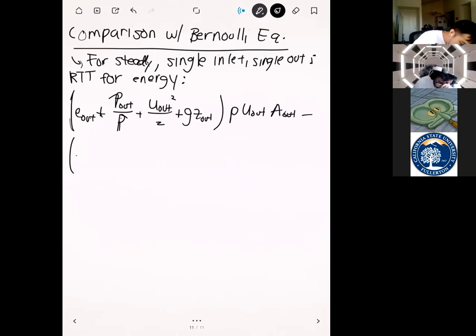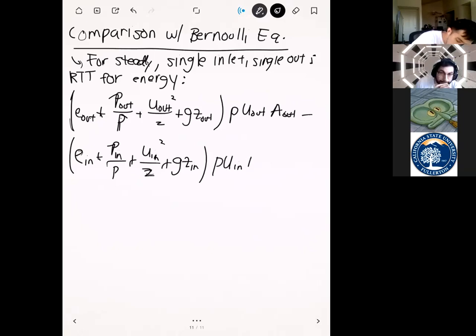So we have E in plus P in divided by rho plus U in squared divided by 2 plus g z in, times rho U in A in. And then I'm going to set this equal to Q dot net for now.